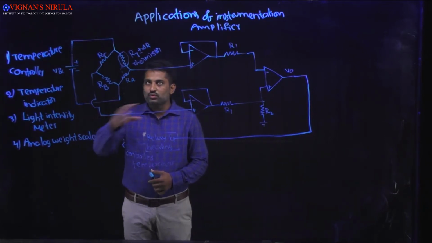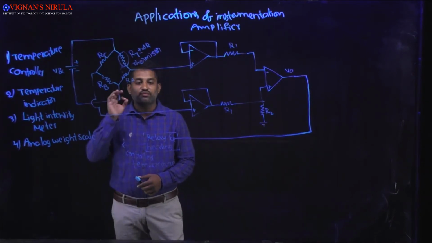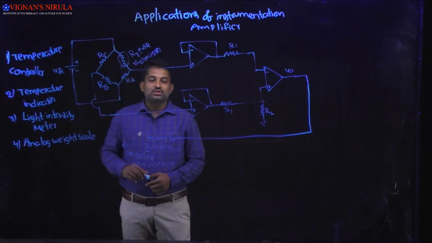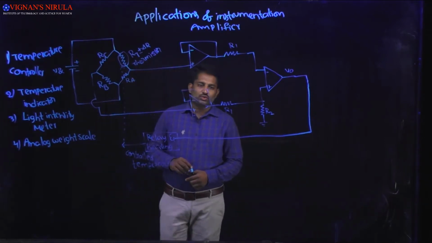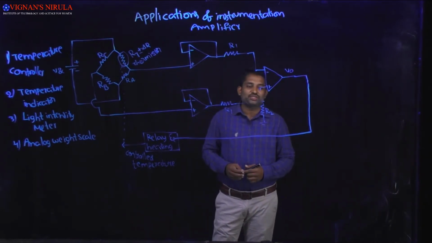I may use the circuit for the light intensity meter if you replace the thermistor by photocells. So with the same circuit we can explain three applications of the instrumentation amplifier.